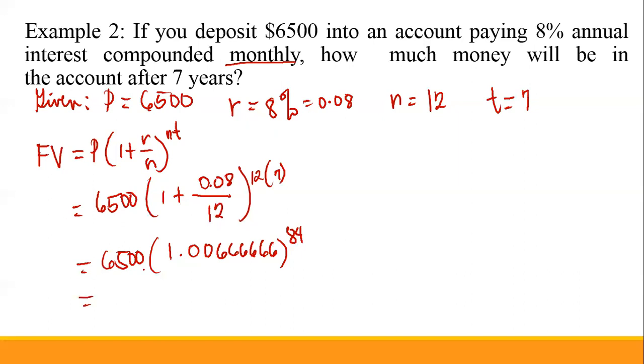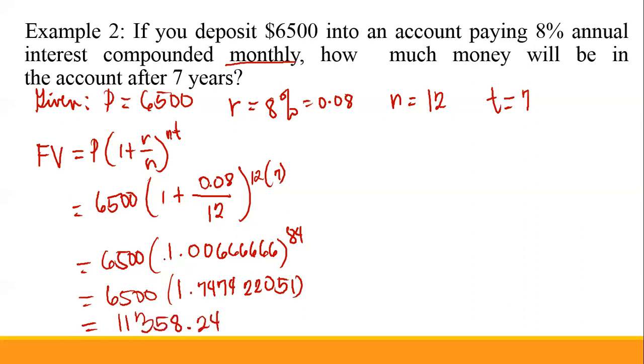So, tuloy lang natin yung calculation natin. So, get the value of this one. This is 1.7474222051. So, what is the product? It is 11,358.24.